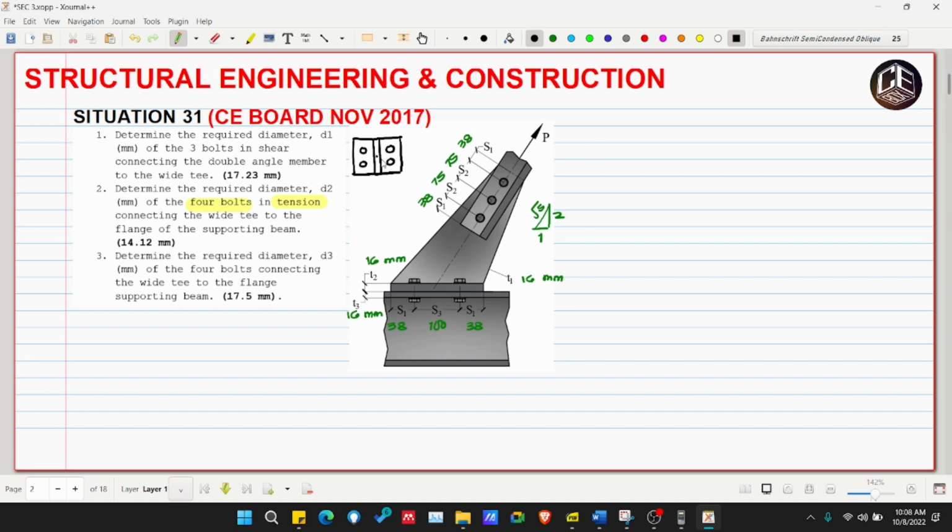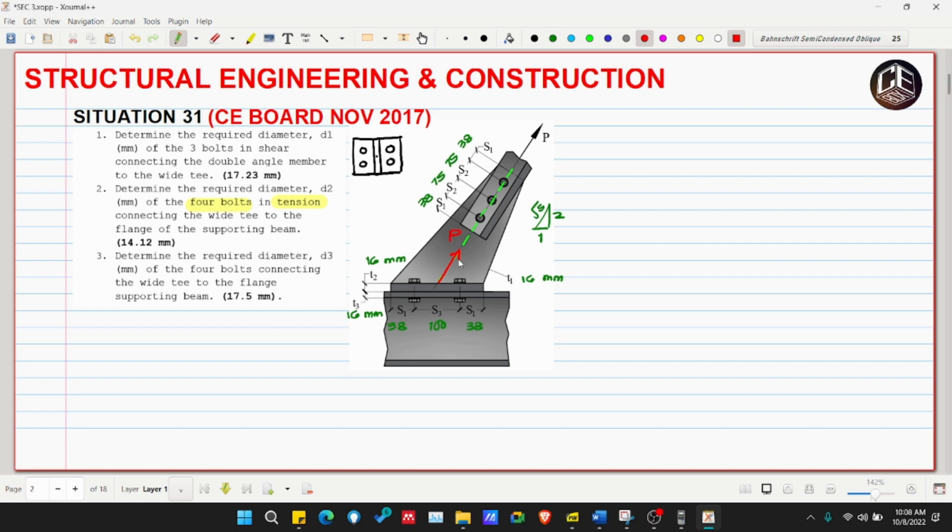Ito yung ating P. So, ibig sabihin, buo ang gagamitin natin na P para makuha natin yung required diameter ng ating bolts in terms of tension. Pero, hindi lang P, basta-basta yung ating gagamitin. Kasi kung i-extend natin yung line of action ng ating P papunta dun sa mga bolts dyan sa ating T and wide flange, pwede natin malocate yung ating P dito.